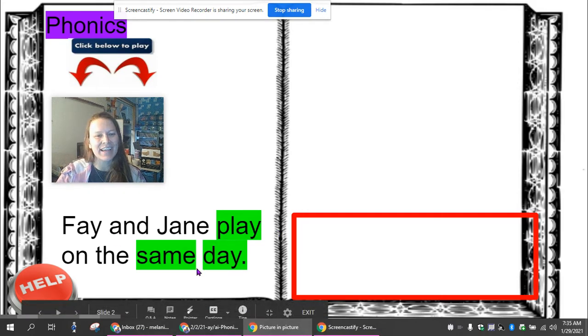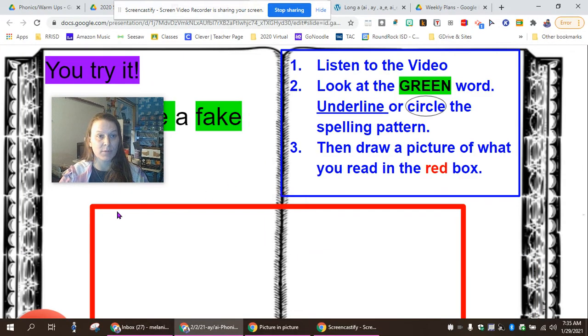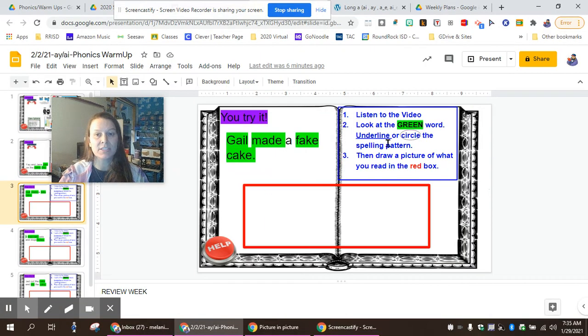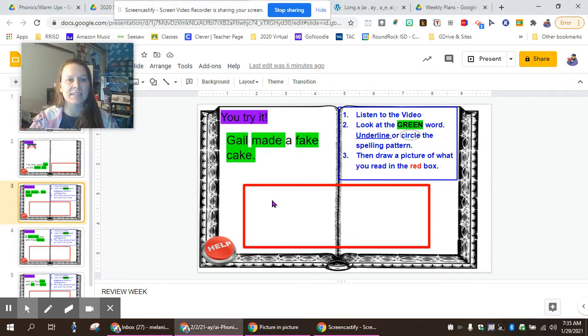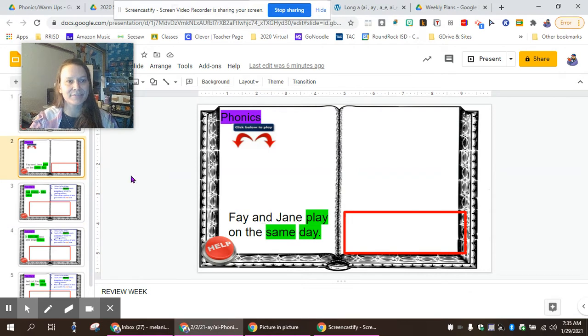There are words that are highlighted in green, and you're going to be using your Cami tools to underline or to circle the vowel rules and vowel patterns that I just went over and that you know, okay? So when you get to yours, it has all the instructions here to tell you to circle, underline, and all that good stuff, okay? But on my example here, we're going to do it together, okay?